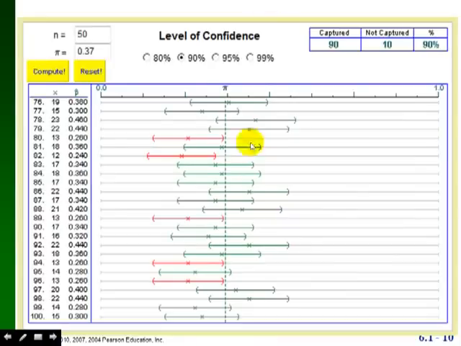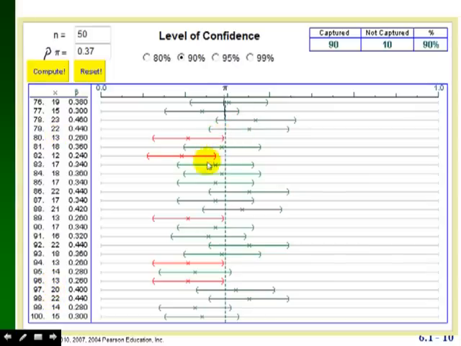Here's another picture. This time we still have a sample size of 50. Our P in this one is 0.37. So that's where this dotted line going down is. Our confidence level is 90% here. And in this one I had it construct 100 confidence intervals, although it only shows you the last 25 of them.